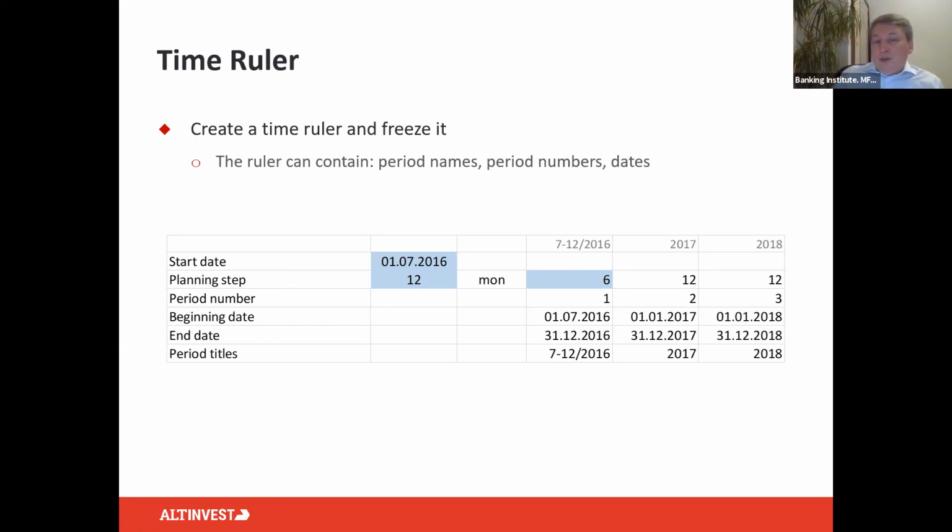Because imagine, and our example project will be this way, imagine that we're going to plan our project by years, but the project starts in July. So we have a choice. We'll have either plan by years and our financial year will start from July.